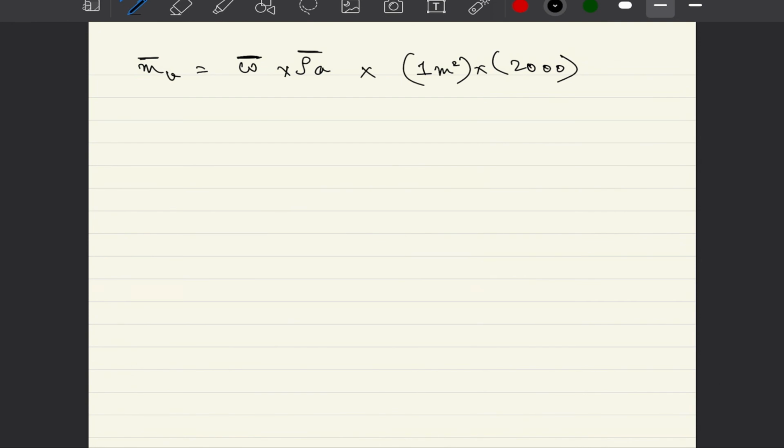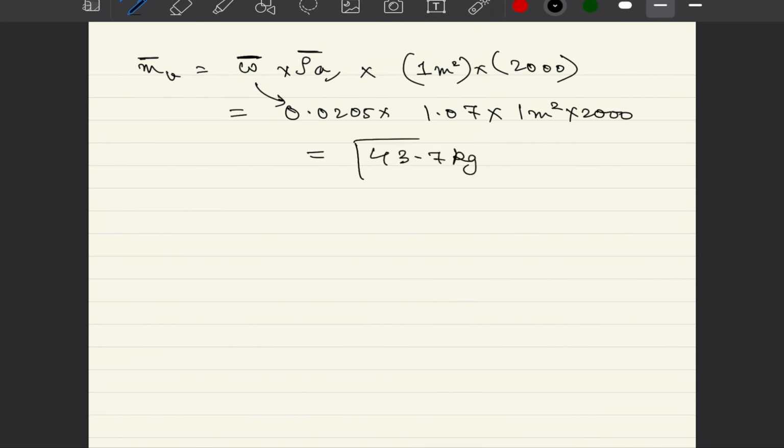After substituting those average values, we get the value of omega as 0.0205, the value of density of air as 1.07, into 1 meter square into 2000, and this value comes out to be 43.7 kilogram.